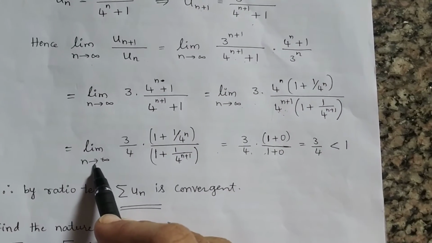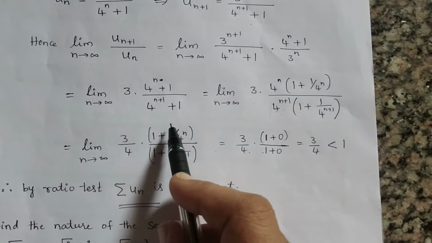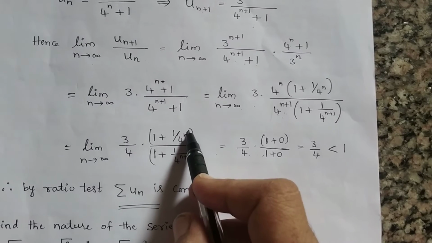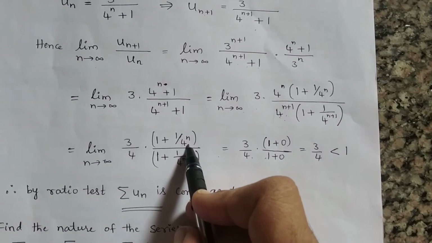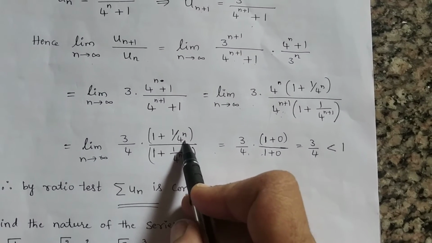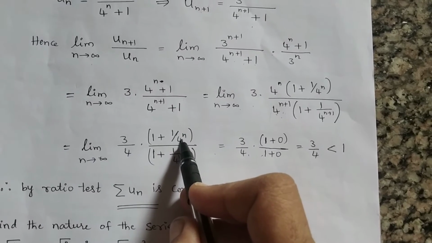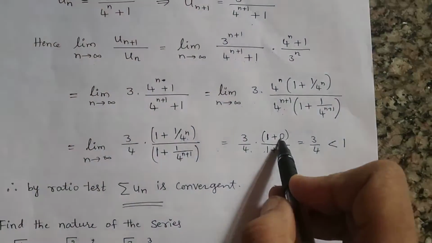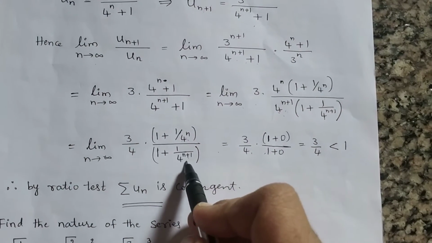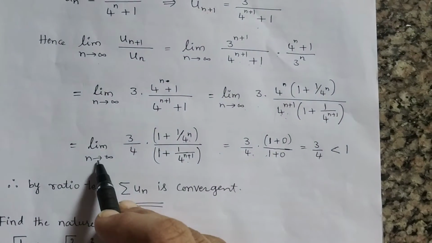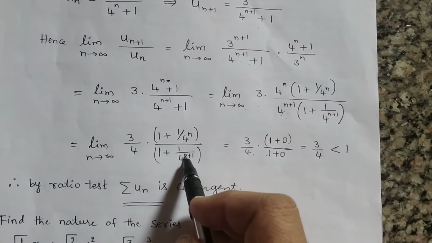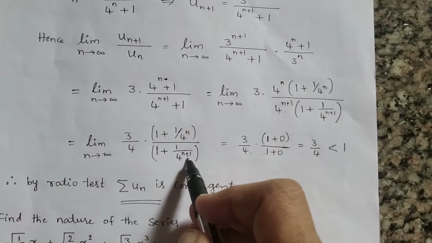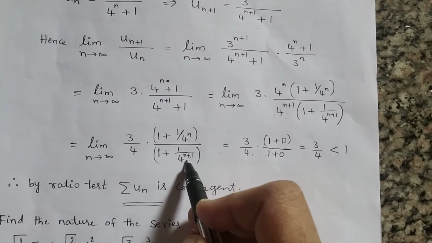Whenever we apply limit as n tending to infinity, 1 divided by 4 to the power infinity is 1 by infinity, which is 0. Similarly, apply n equal to infinity: 4 to the power infinity is infinity, and 1 by infinity is 0.